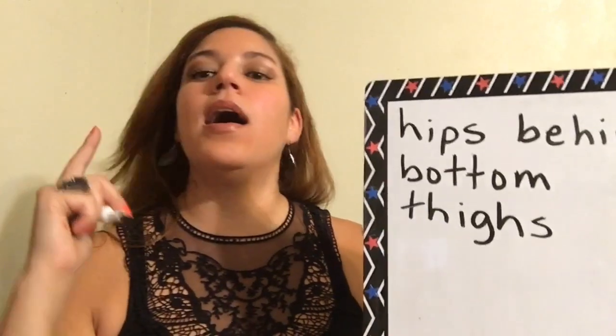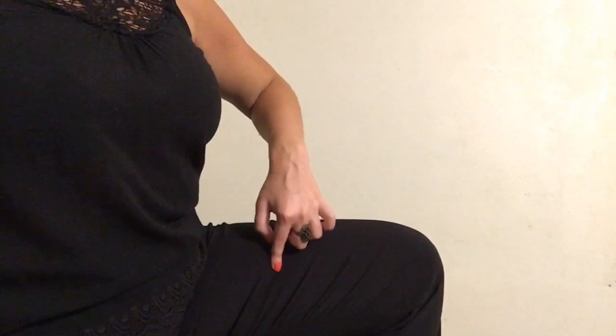Okay? Not tie, because tie is something different. Tie is something you wear around your neck. But yes, so you have your thighs. Can I show you my thighs? I don't know. So this part, from here to here, is your thigh. Okay? Two thighs. Thigh, TH. Okay, so we have our thighs.